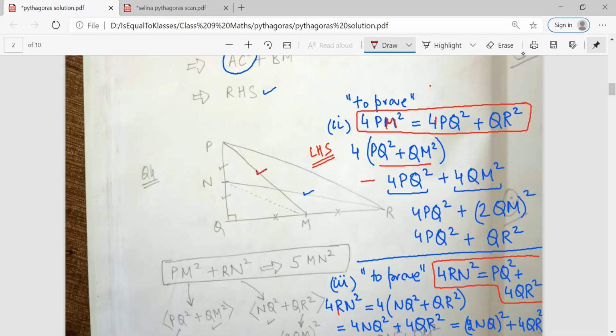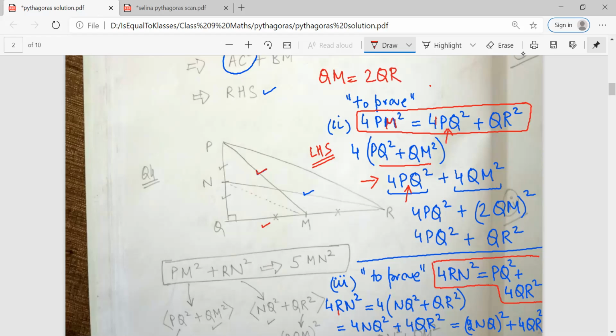Now, when you reach this step, Mr. Rudra, you should understand that 4PQ square, 4PQ square. So you need not do anything to this 4PQ square. Just focus on 4QM square. And when you look at 4QM square, this is QM. So 4QM would be twice of QR, because QM is twice of QR. Any doubt? No, sir.